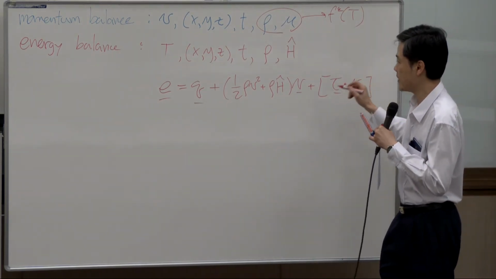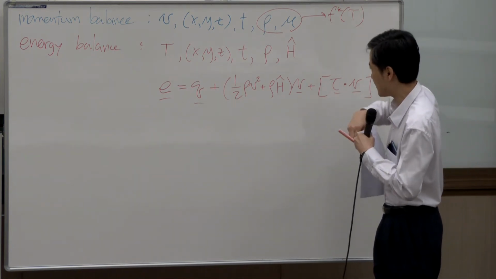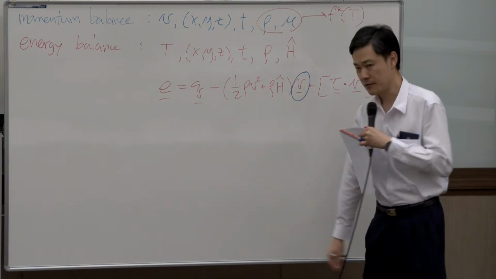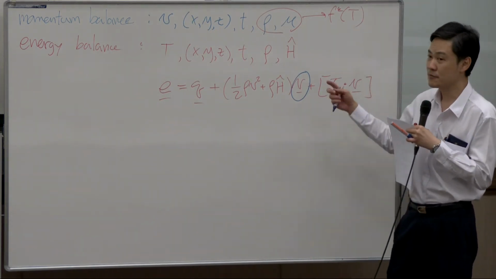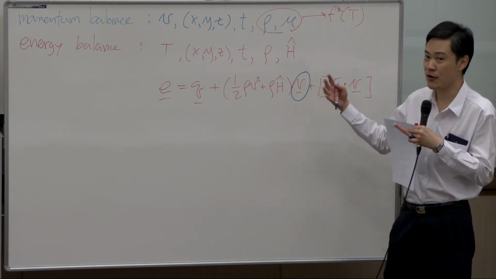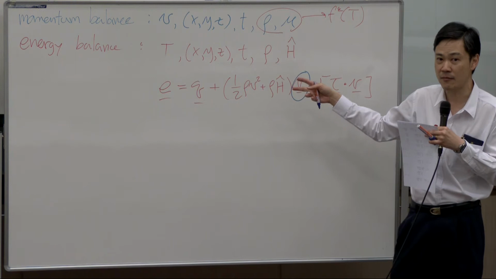Energy flux is a function of velocity. So in this case, you see that velocity appears here. So, same thing. We have to start somewhere because we cannot solve these two equations at the same time.